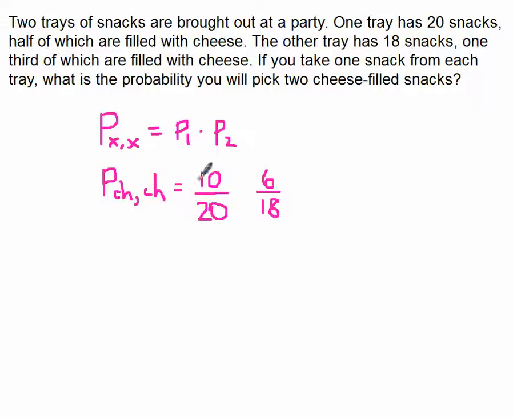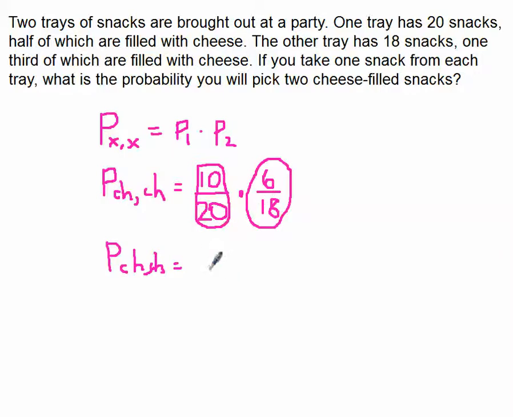Now if I take the probability of picking a cheese on the first tray and multiply that by the probability of picking a cheese on the second tray, I should get the probability of picking one and then the other. So to find the probability of getting two cheeses in a row, I'm going to multiply these two fractions together.